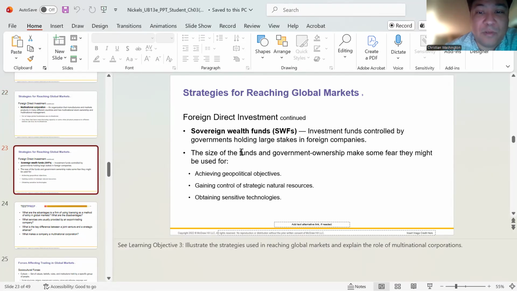All right. So sovereign wealth fund. These are investment funds controlled by governments holding large stakes in foreign companies. You hear the word sovereign, you think about a country, all right? So a sovereign wealth fund is a country's wealth fund. Investment funds controlled by governments holding large stakes or ownership in foreign companies.